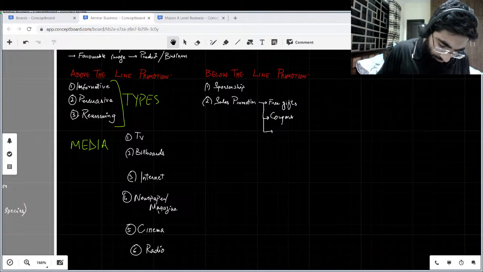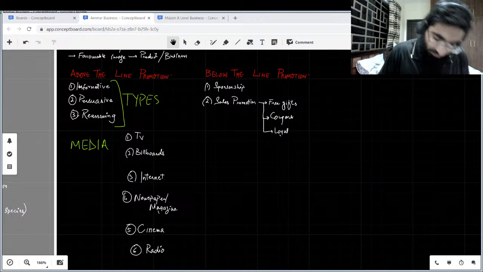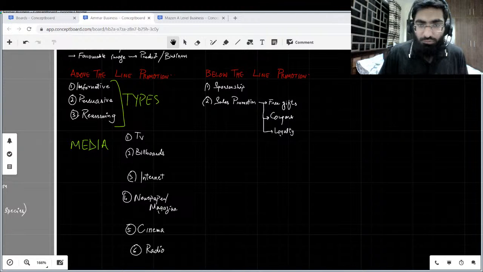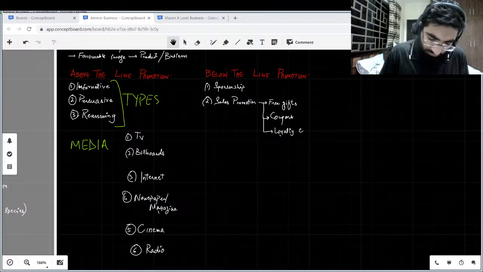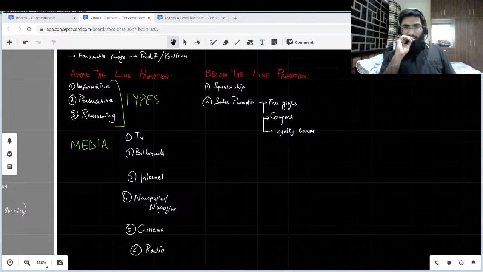Coupons, we have got loyalty cards. So with these loyalty cards and coupons, you're not paying anyone to show your ad or to communicate your message. You're just, for example, making shopping easier for them. You know how all these things work.